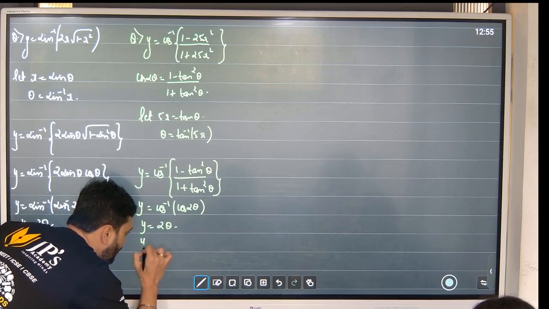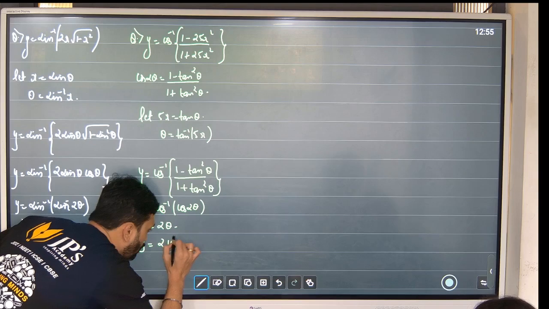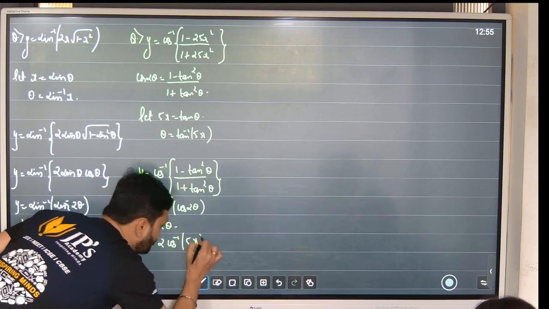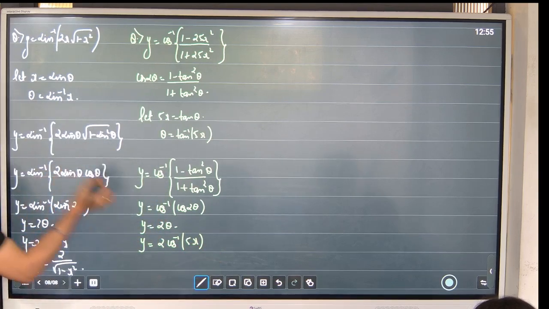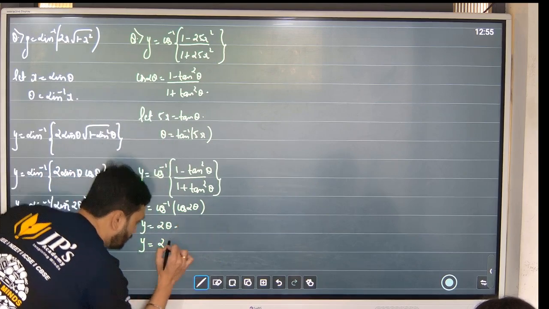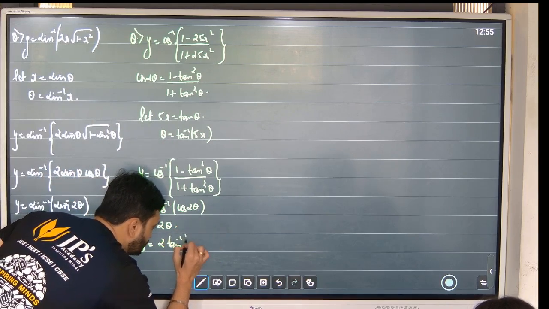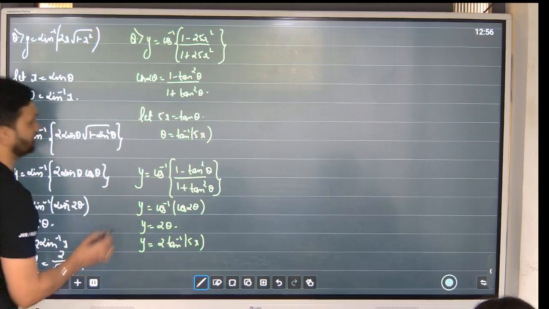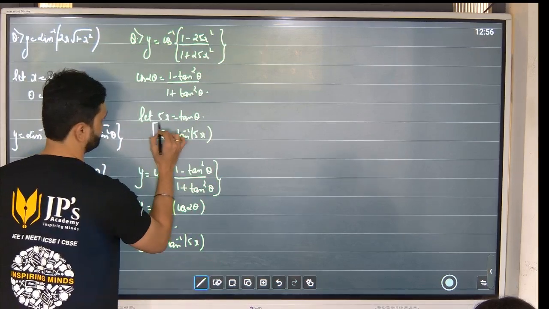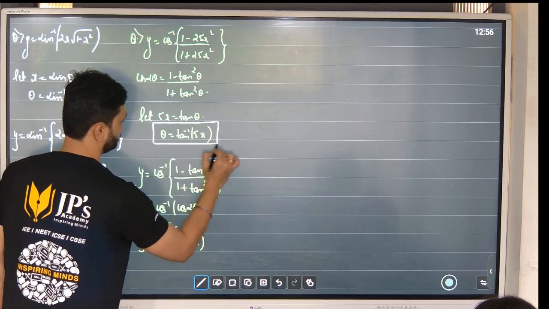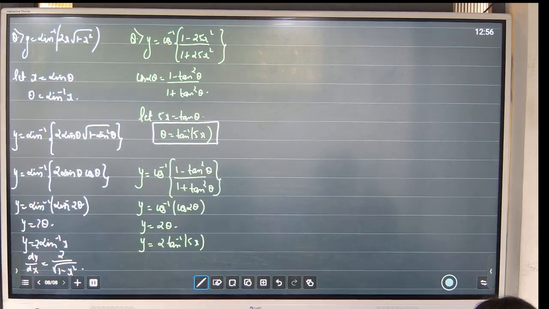Therefore, y is equal to 2 tan inverse of 5x. Have you guys understood this?